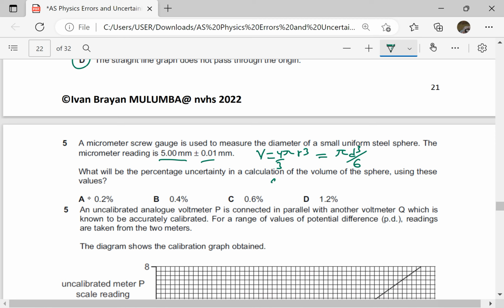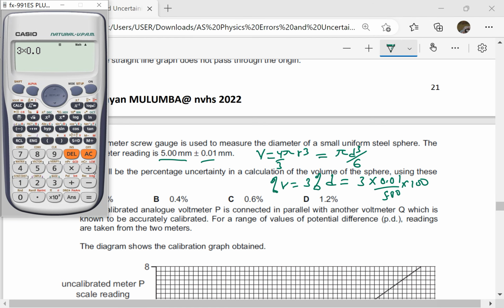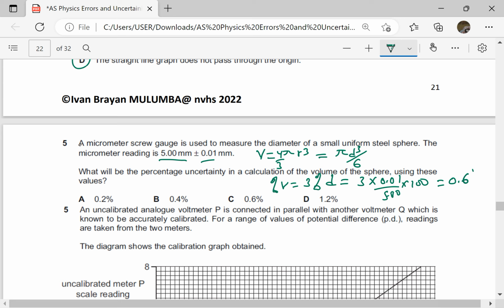So the percentage uncertainty in volume is going to be 3 times the percentage uncertainty in d, which is 3 times 0.01 divided by 5.00, times 100. So we have 3 times 0.01 divided by 5 times 100, which is 0.6%.